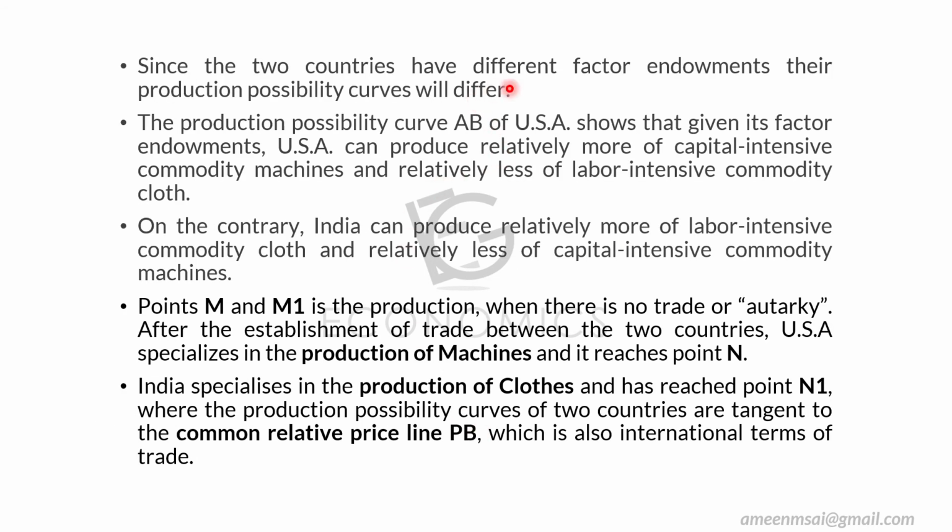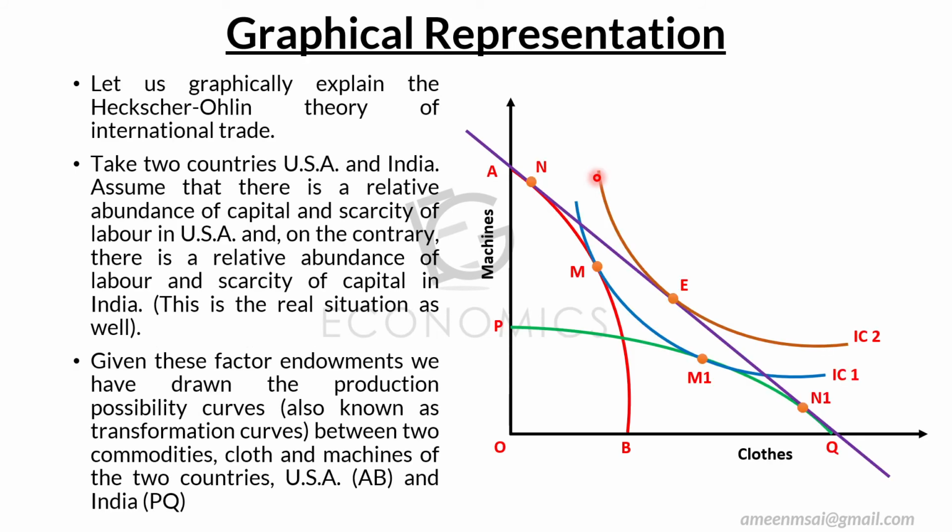Since the two countries have different factor endowments, the production possibility curves will differ. The relative production possibility curve AB of USA shows that, given its factor endowments, USA can produce relatively more of the capital intensive commodity, machines, and relatively less of the labor intensive commodity, clothes.